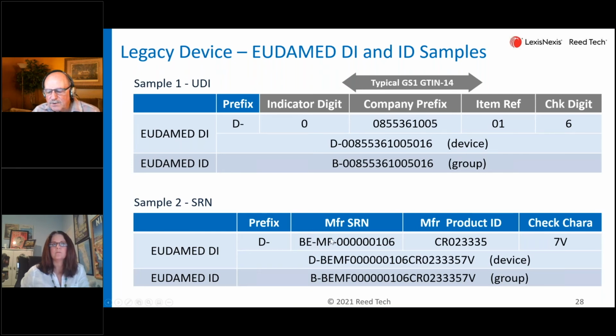Here it happens to be in Belgium, and the operator, manufacturer, and a number assigned to your company. You come up with this product ID, and then you run through the calculation to get a check characters, and then you put a D dash in the front. So I don't think this will be used too often, so I'm going to move on. And if you have questions on that, please get a hold of us.